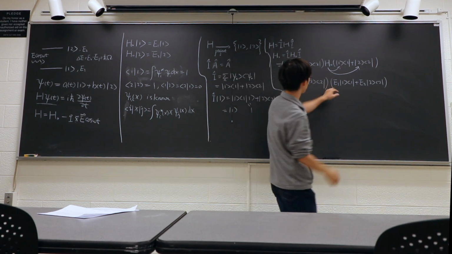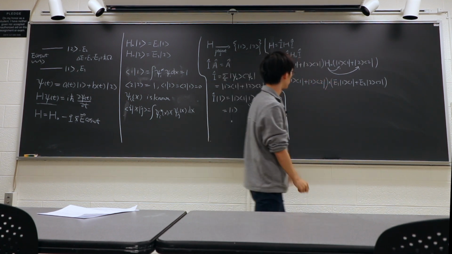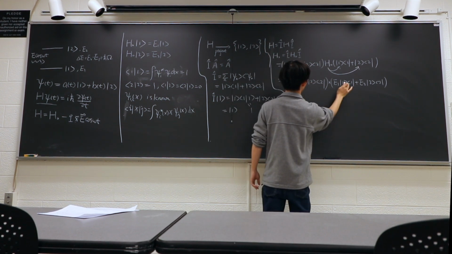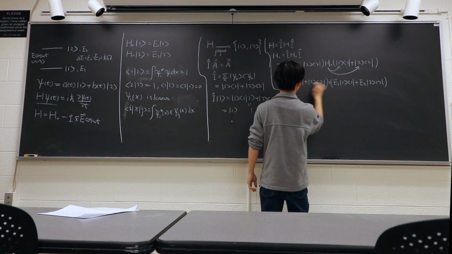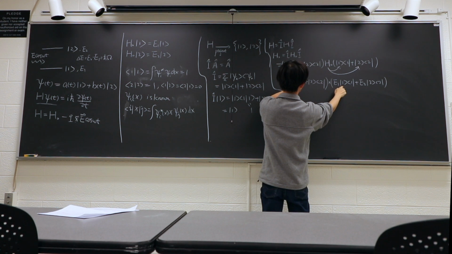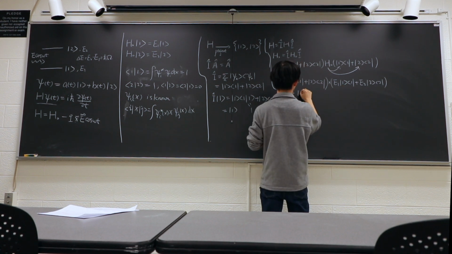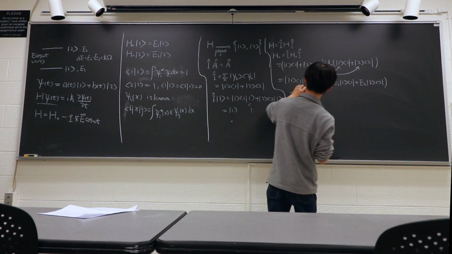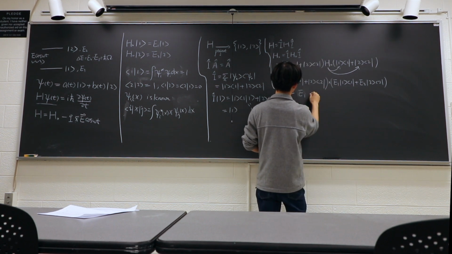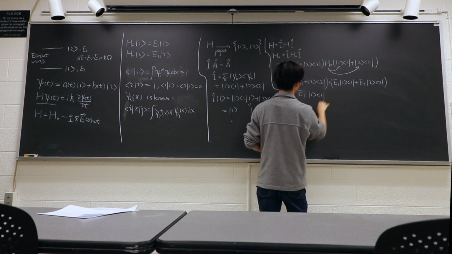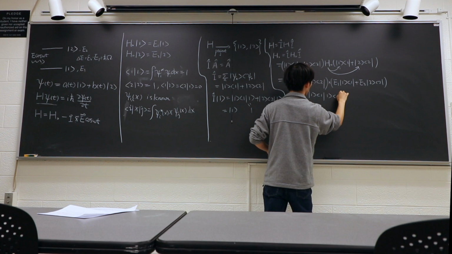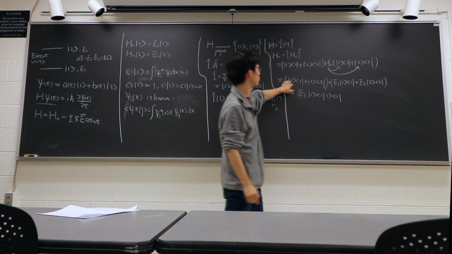Now you do this multiplication, the product. What you get is this times this. This times this is <1| inner product with |1>. So I'll do it a little bit slower. Put the E1 first, it's a number. Then here, |1><1|. This is the first term we get.